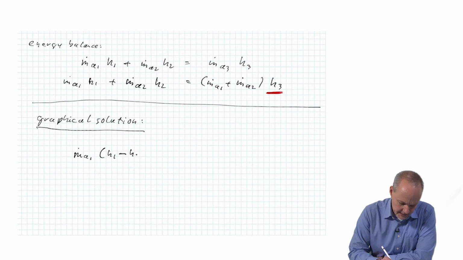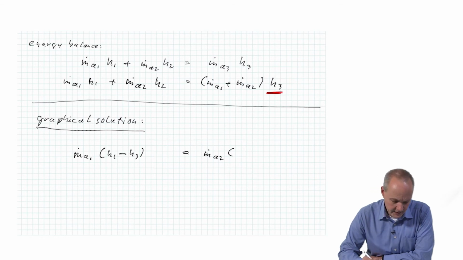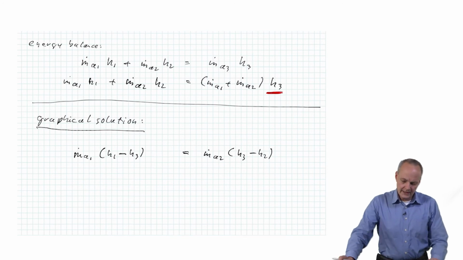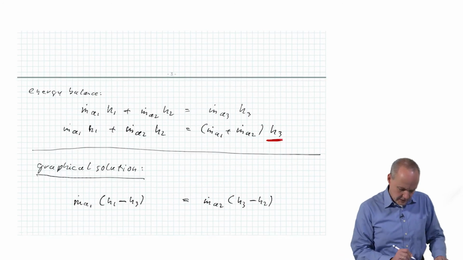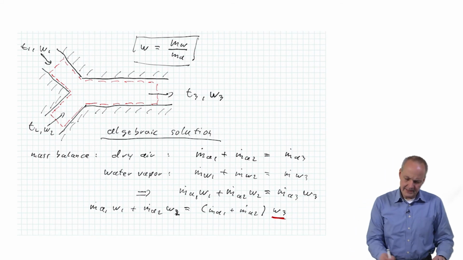And equally, on the right-hand side I have m dot A2 times H3 minus H2, okay?